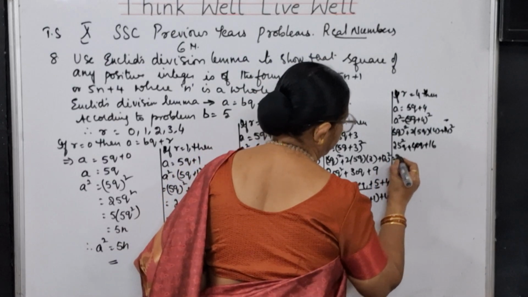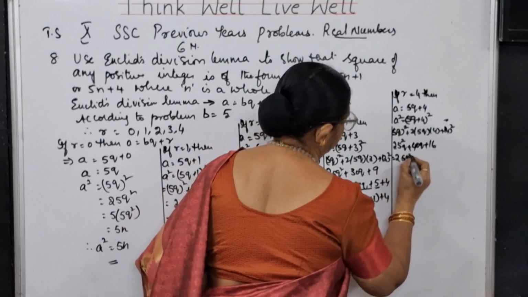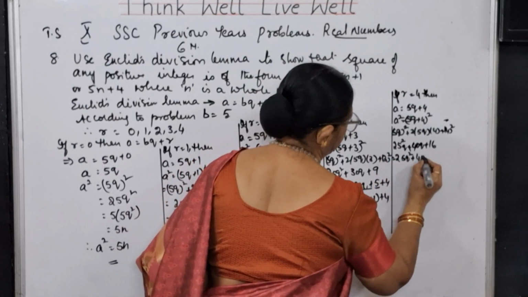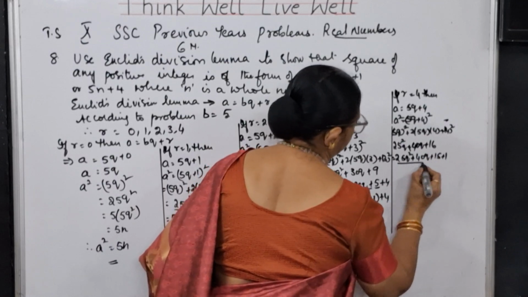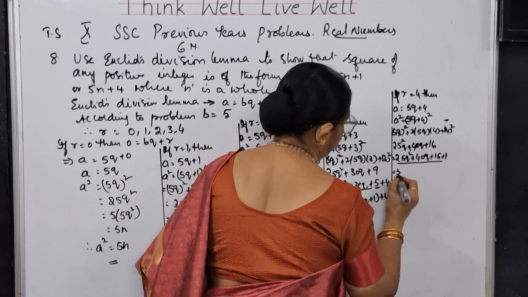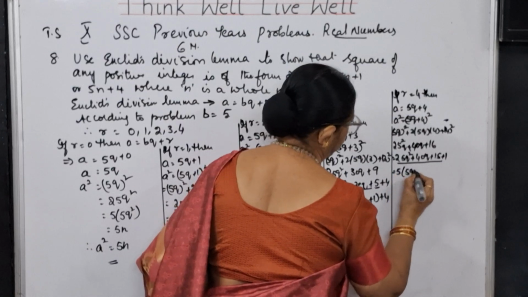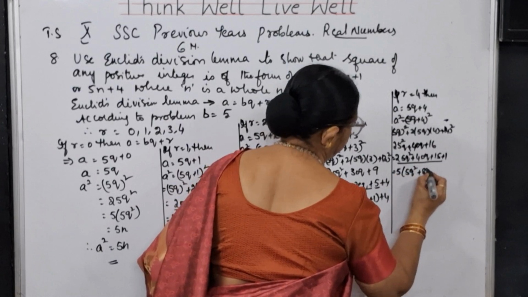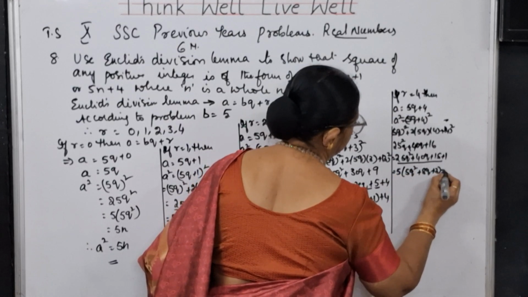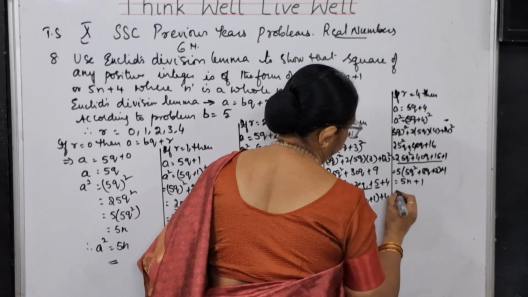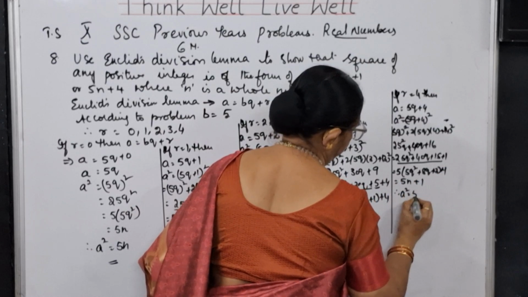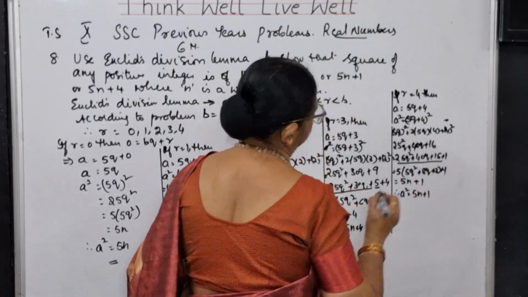This can be written as 25Q square plus 40Q plus 15 plus 1. So in all these, 5 is common: 5 into 5Q square plus 8Q plus 3, plus 1. 5n plus 1. Therefore, A square is equal to 5n plus 1.